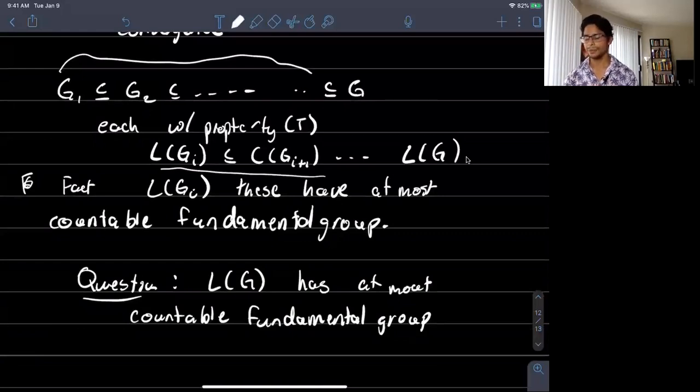There are really nice natural ways to build examples of groups like this from a single extension of property T groups. And I'd like to know whether or not we can take this to the limit essentially.